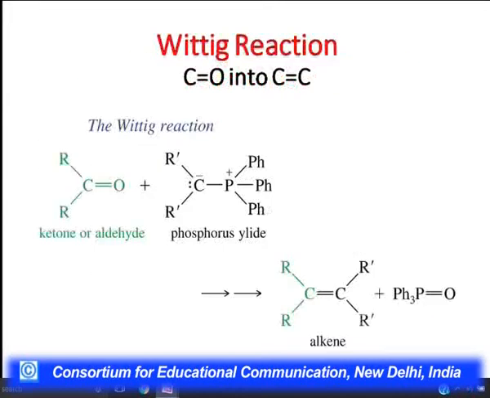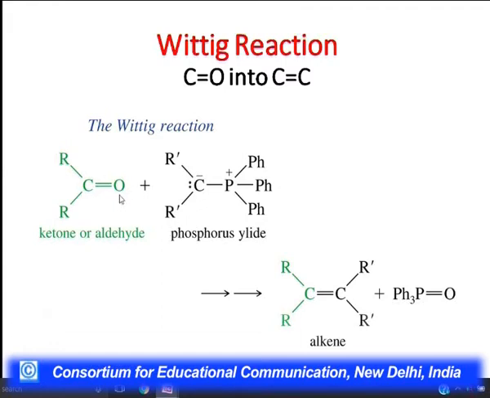Now, what is a Wittig reaction and why is this reaction so important? In the Wittig reaction, an aldehyde or a ketone is reacted with a phosphorus ylide, resulting in the formation of an alkene and triphenylphosphine oxide. Why is this reaction important?